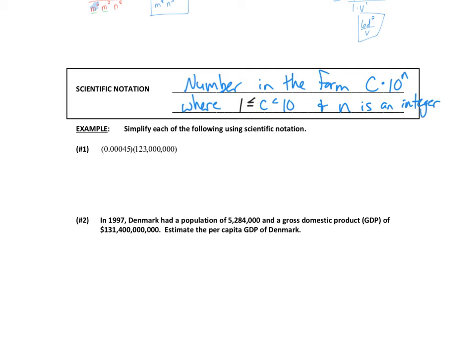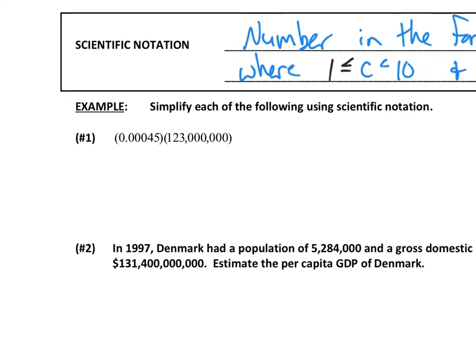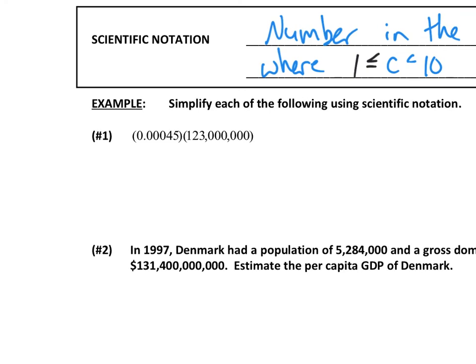So if we have 0.00045 times 123 million, if we wrote 0.00045 in scientific notation, we work from left to right and find our first number. The first number other than 0 is 4. The decimal will go in between 4 and the next number. So this would be 4.5.